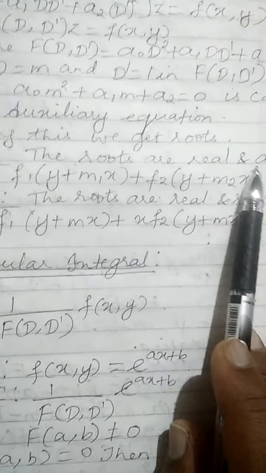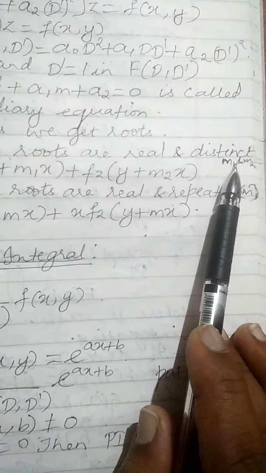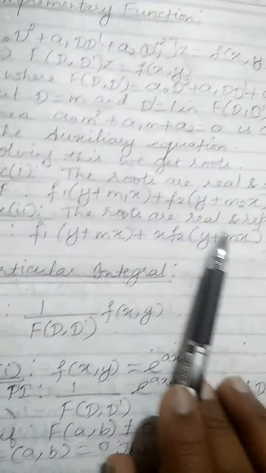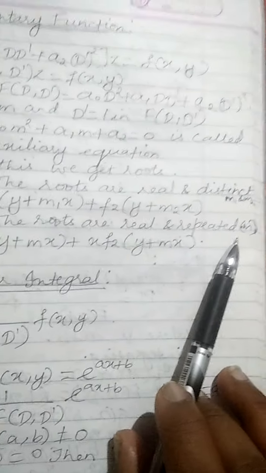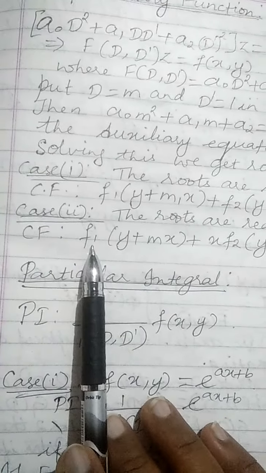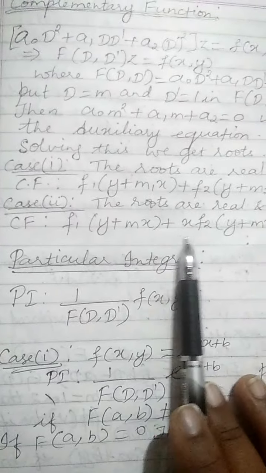Case 1, the roots are real and distinct, say m1 and m2. Then CF is f1(y + m1 x) + f2(y + m2 x). Case 2, if the roots are real and repeated, say m1 = m2 = m, then CF is f1(y + mx) + x f2(y + mx).